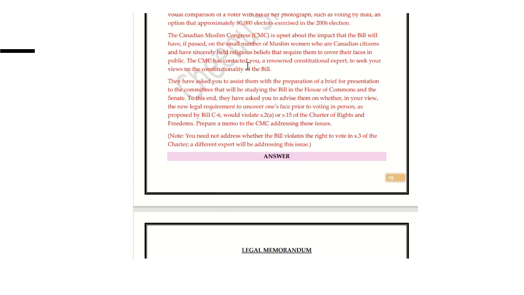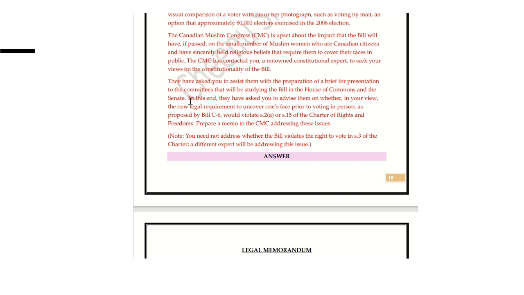So CMC has contacted you, a renowned constitutional expert, to seek your views on this bill. They have asked you to assist them. So you have to help this Canadian Muslim Congress, this organization, as a constitutional expert, so that they can put forth their issues before a court of law.